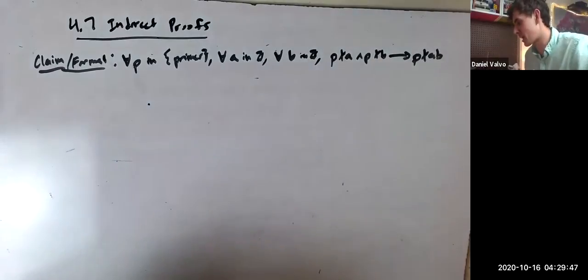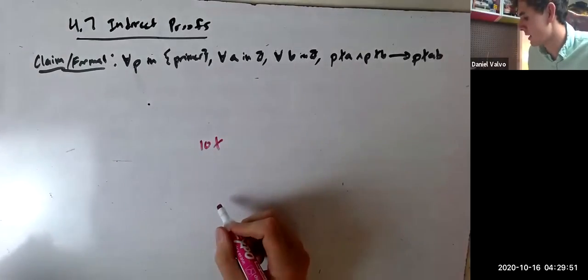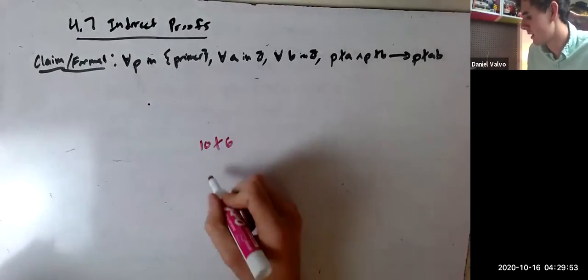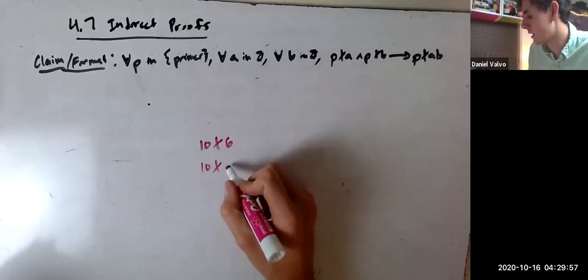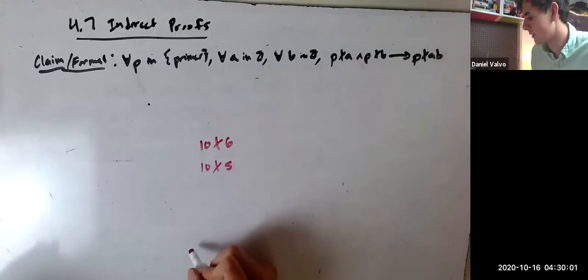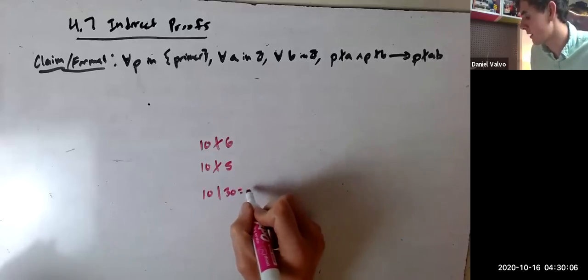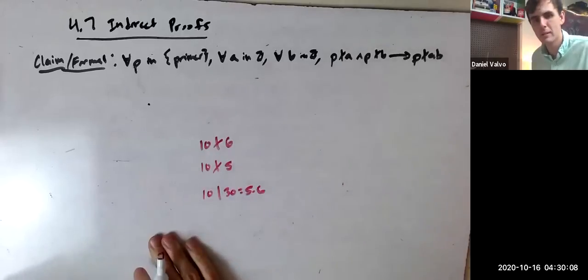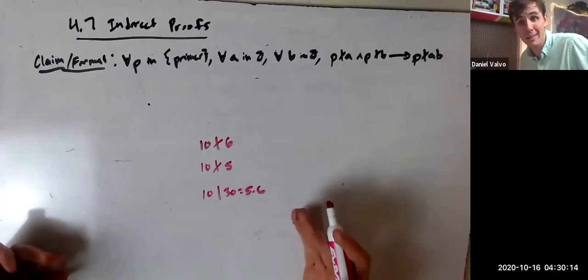For example, 10 does not divide 6, and 10 does not divide, let's say 5, right? But 10 does divide 30, which equals 5 times 6. So just because 10 didn't divide both of those doesn't mean it doesn't divide the product.